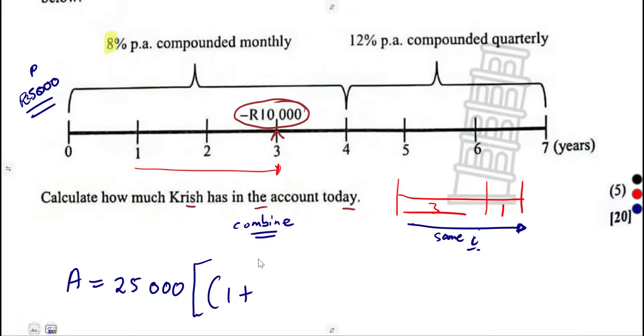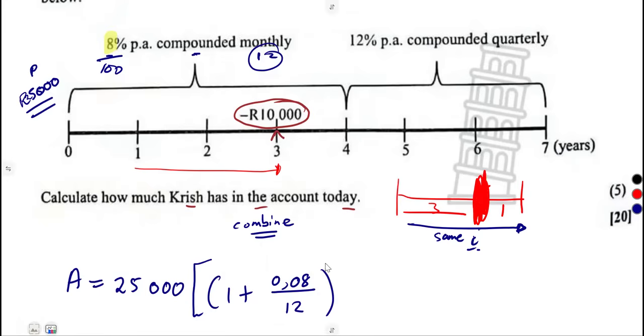So it's 1 plus the interest rate, 8% over 100, which is 0.08, over the compounding of 12, all to the exponent of the number of years. Remember, we separated the 4 years into 3 and 1 because of the withdrawal made in between.